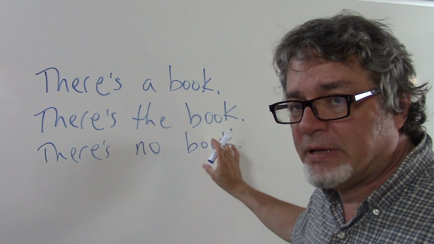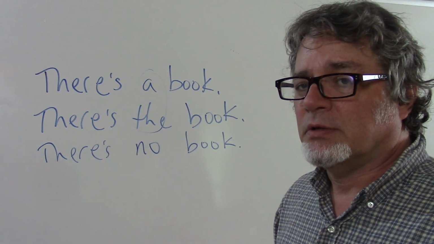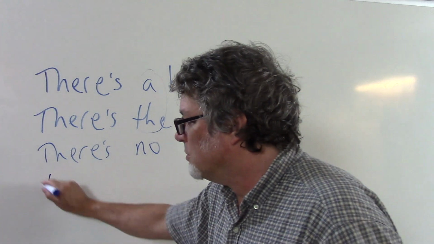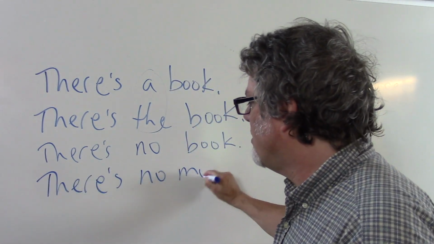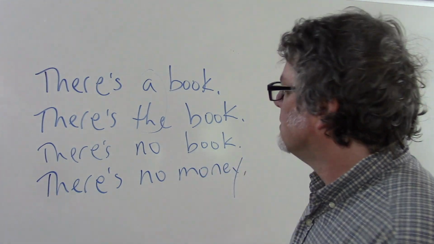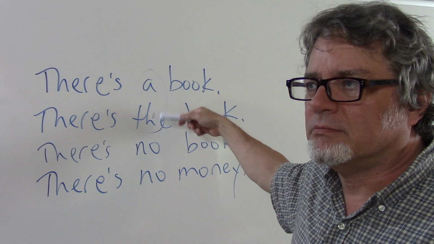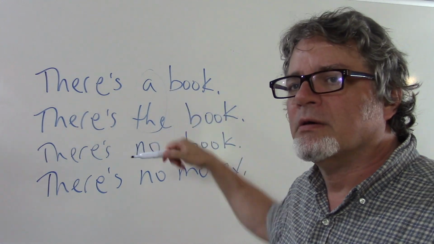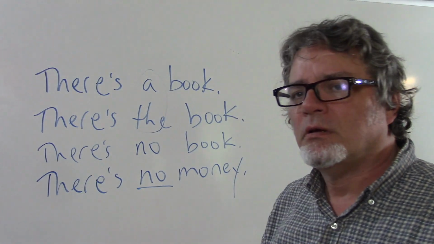Book is a count noun. If it's a non-count noun, like money, you could say there's no money. But you're not likely to say a money, or, well, you could say the money. But so again, just think of this like an article.